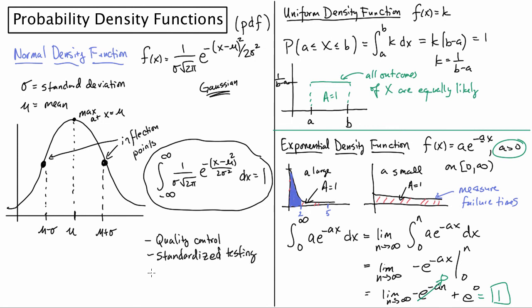And one of the most important things that it's used for is if you look at the distribution of what are called sample means. Now, let me describe what I mean by that. Let's suppose that you're picking values at random from an interval, and you take the average of those values.